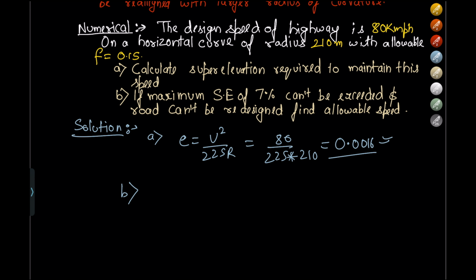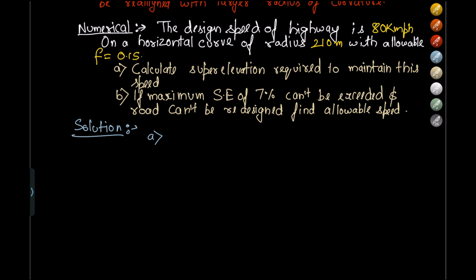Next we'll look at the numerical portion of this. So let me start it once again. We'll start from calculating the super elevation. So for super elevation, we'll calculate E from the formula V square upon 225 R, where V is equal to 80.